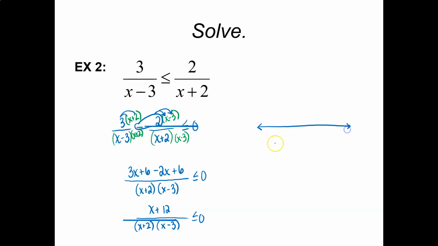And then this is just like from yesterday. I'm going to run through it pretty quick. You're going to get x equals negative 12, x equals negative 2, x equals 3. We're going to put those on the number line. We're going to put our factors over here, x plus 12, x plus 2, x minus 3, and then room for our answer.